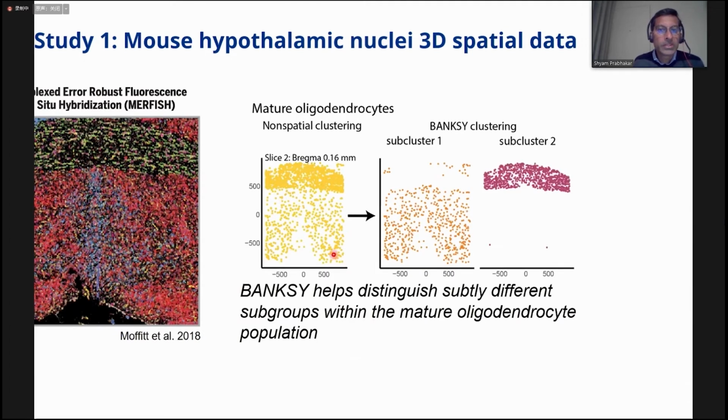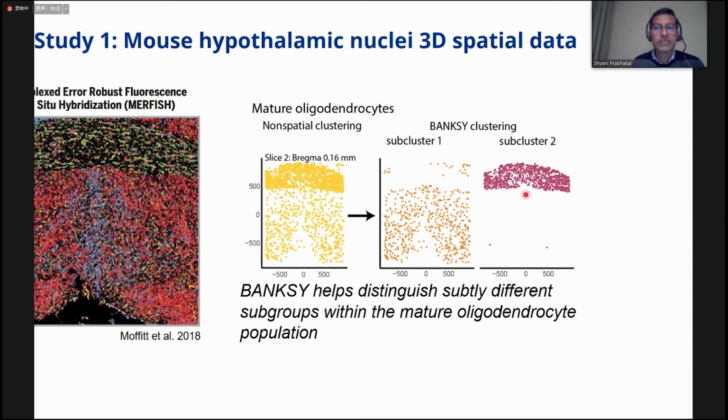Now, if you do traditional non-spatial clustering, you get mature oligodendrocytes all over the place, in both zones. But if you use BANKSY, the mature oligodendrocytes split cleanly into two different clusters, the dark red cluster and the orange cluster. They have different spatial domains and different tissue architecture.